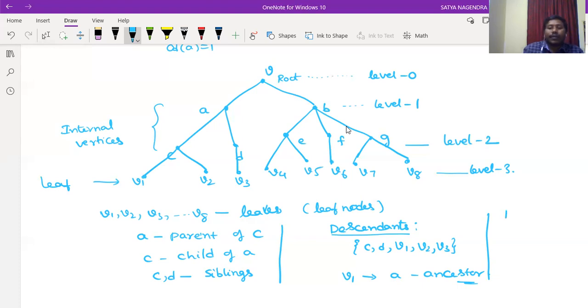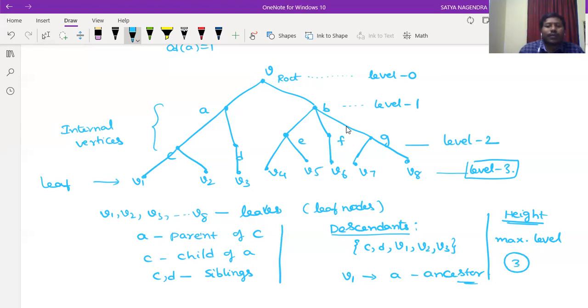So it is the maximum level of a vertex in the tree. What is the maximum level we have here? 3. So the height of this tree is 3, the maximum level that we have in that tree.